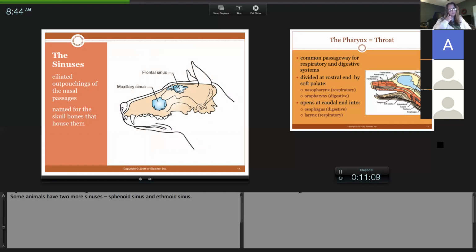So if they get an infection in the tooth, the infection can migrate up into that sinus and potentially cause that tooth root abscess, sometimes called the carnassial tooth abscess. So your dog gets a little wound up here, and it looks swollen, and sometimes it makes their eye get smooshy. That's a very technical term. A lot of times it's because of the pressure of that sinus.